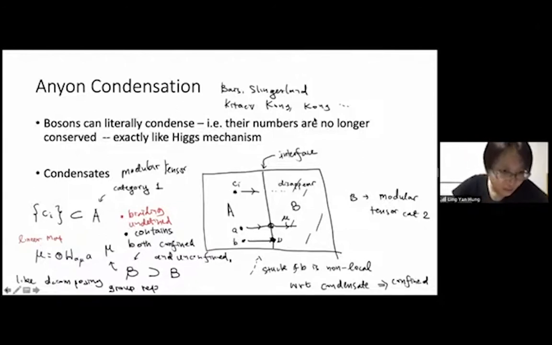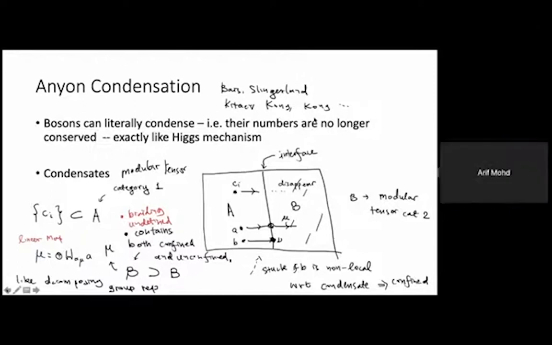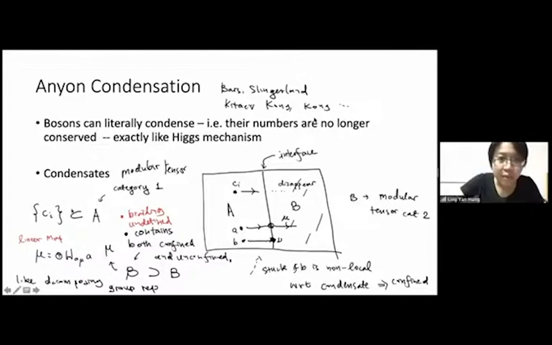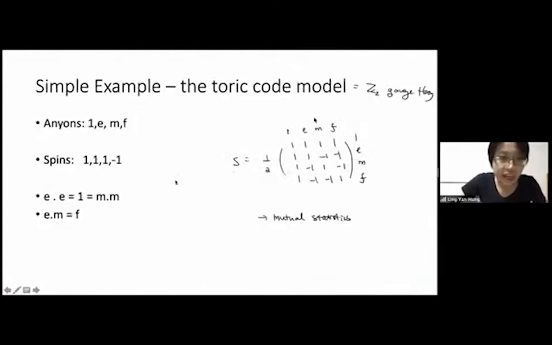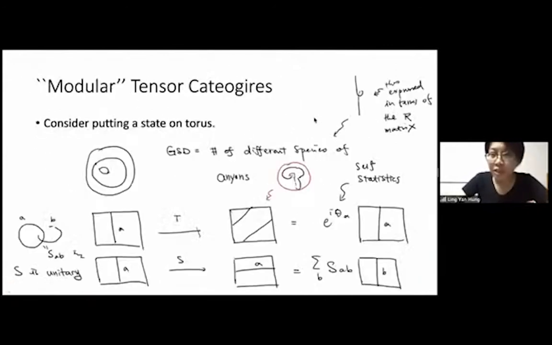Maybe you can draw on the board behind. Somehow I can't flip my page anymore. If I start annotating, I can't flip the page. I see.